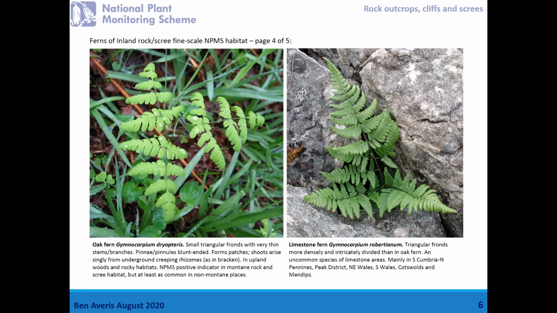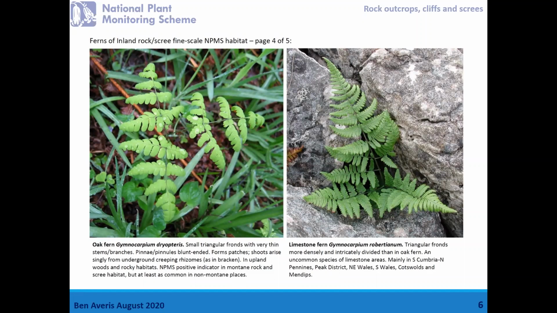The whole thing starts off quite rolled up, a bit like the way bracken does, and in fact it resembles in some sense a very miniature bracken in that it's not tufted. You have an underground creeping rhizome spreading around, and then single fronds arising from it, many of them, so they form patches in the way that bracken does, compared with things like buckler ferns, which are quite different.